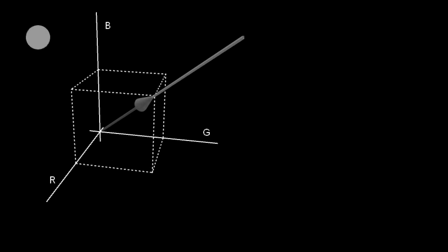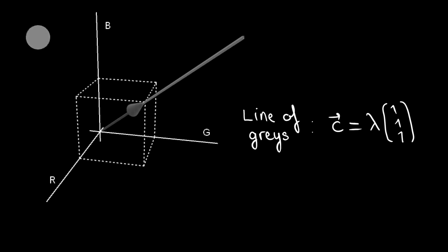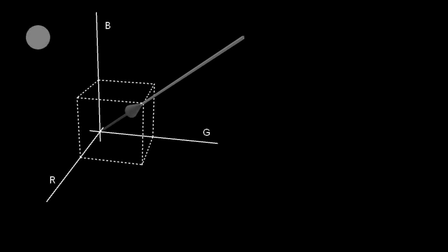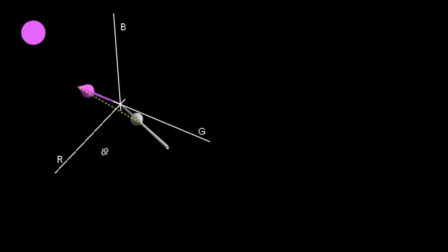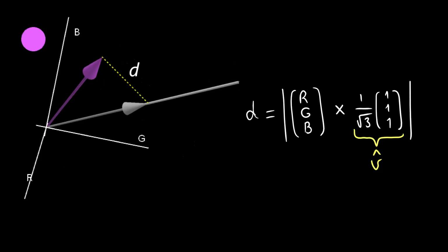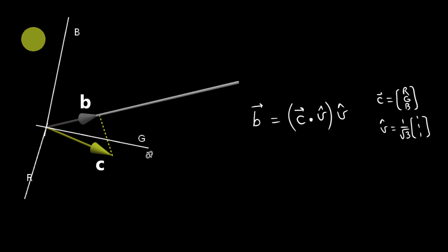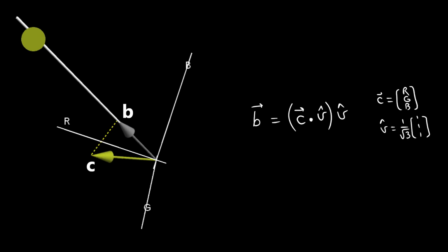The line where all the components are equal, C equals lambda times (1, 1, 1). Now we can use the power of vectors to help us calculate things with colors. For example, we can determine the distance from any color to the line of grays, or we could project vectors into the line of grays to find the black and white closest equivalent of any color.